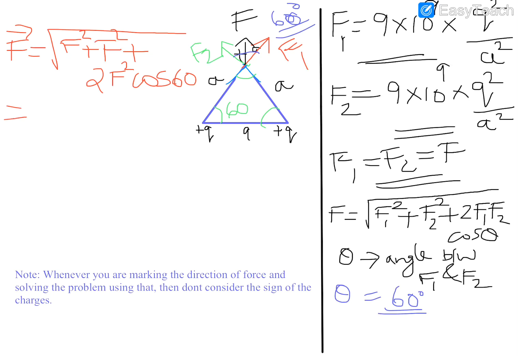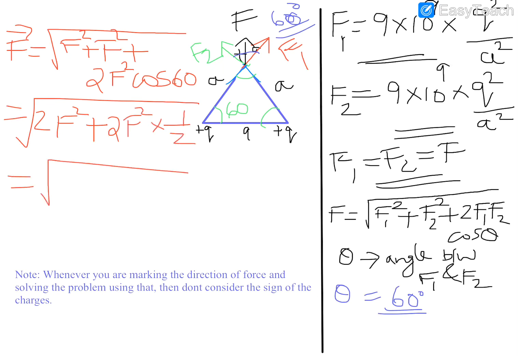That is equal to root of F square plus F square, that is 2F square, plus 2F square cos 60. What is cos 60? Cos 60 is 1 by 2. Okay, so 2F square into 1 by 2, this 2 and this 2 will get cancelled.